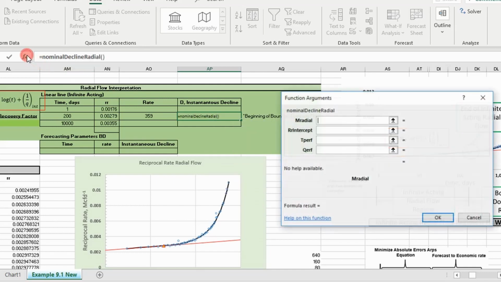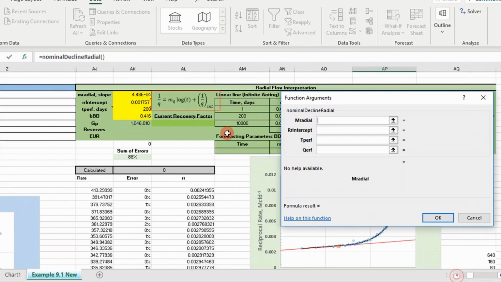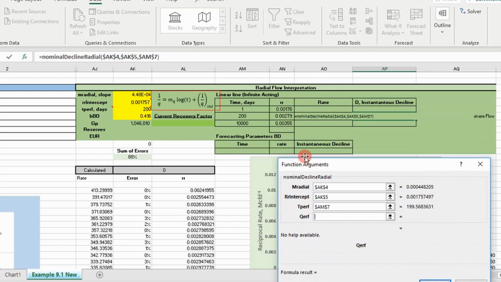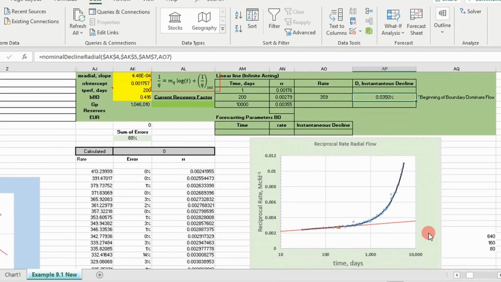Okay, it's going to take essentially our slope of our infinite acting region, our intercept, time produced to the end of radial flow, which is this point, and then our rate at the end of infinite acting radial flow, which is right here. We just calculated it. So bang, that's our initial decline.